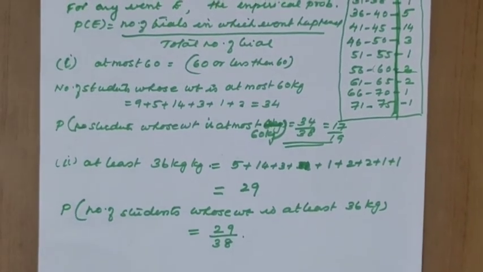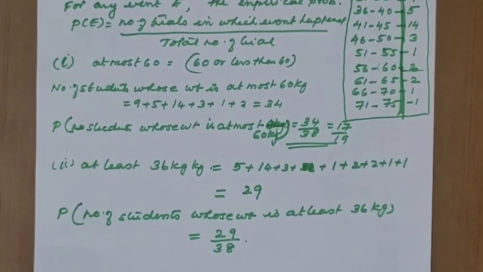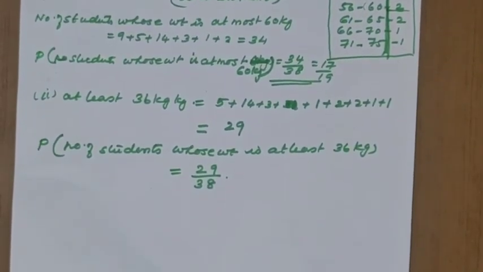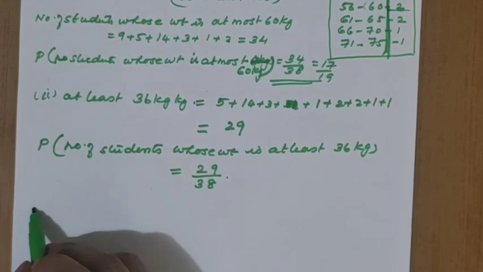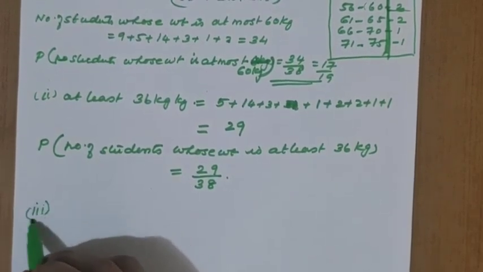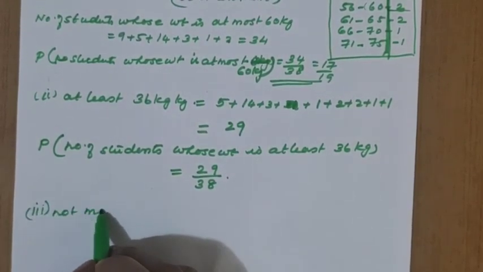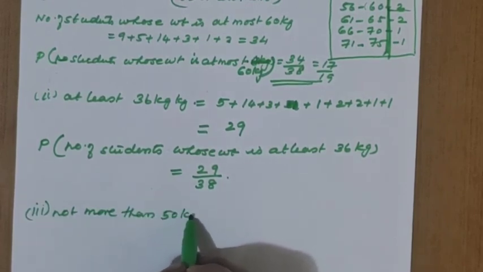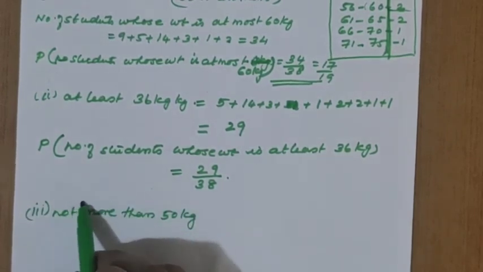Now one more question is there. What is that question? Probability of students whose weight is not more than 50 kg. Third question: not more than 50 kg, number of students.